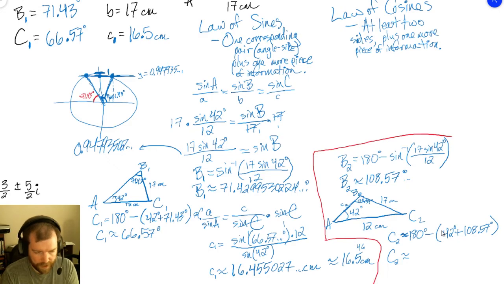So now 180 minus parentheses 42 plus G is going to get us a C2 value of 29.43 degrees. Again, 429953, etc. So this is what we're getting for C2.